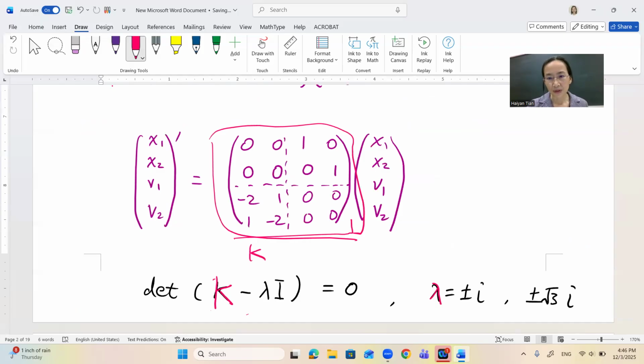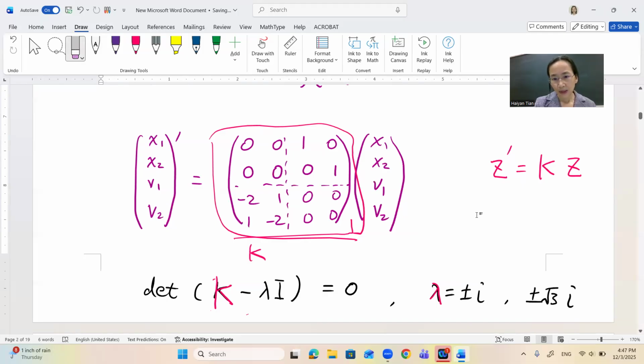Z first derivative equals the matrix K times Z. For this Z, once we solve it, we will find x1, x2, v1, v2, those are the velocity vectors.